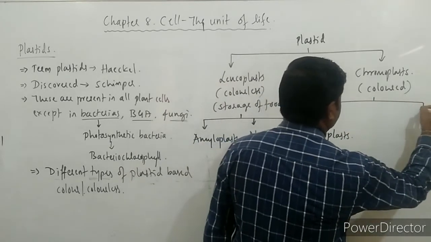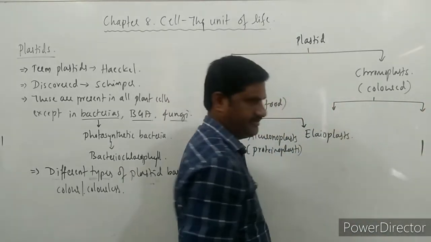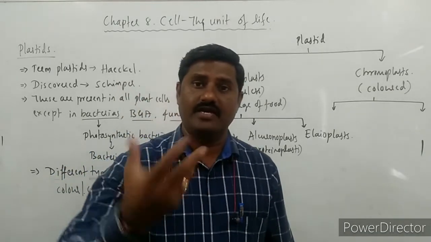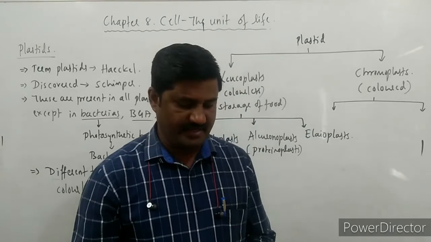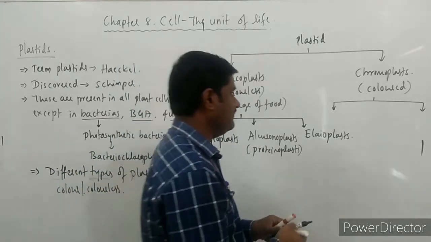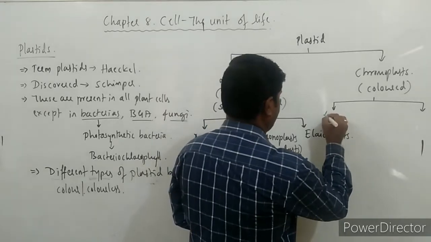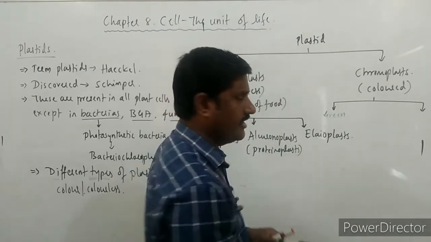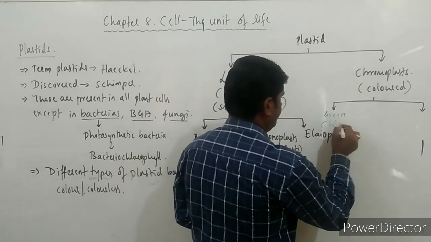And the next one, chromoplasts. They have been classified into two major types. On what basis have they been classified? On what color they have. Based on that, they have been classified into different types. If they have a green coloration, then there is one kind of plastid, that is chloroplasts.